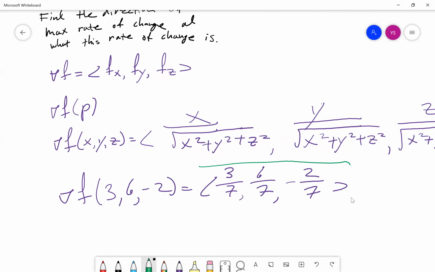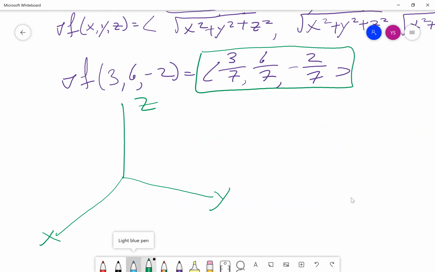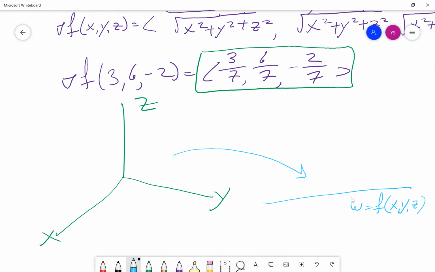Right over here, which means that if you were in your three-dimensional space x, y, z, and recall the map f over here maps you from this three-dimensional space to some one-dimensional space, which is, let's say, w, which is equal to f of x, y, z.